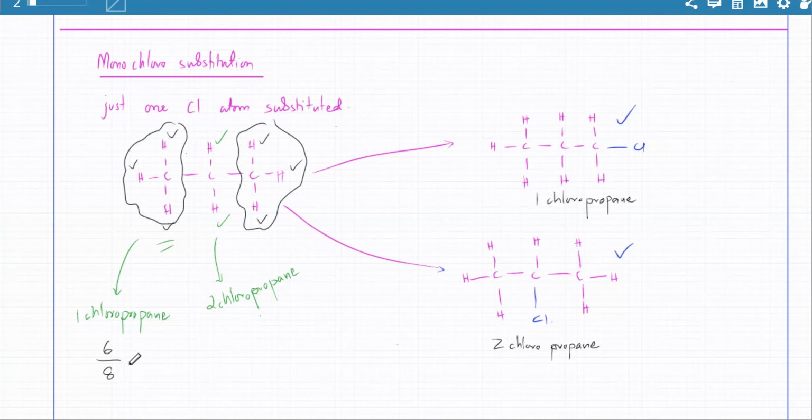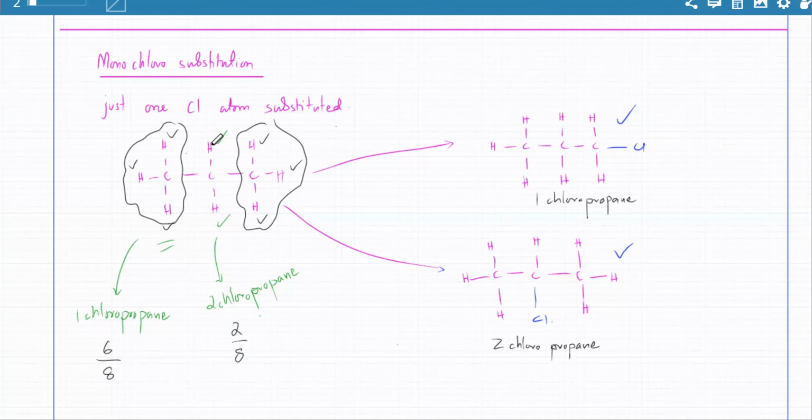So the probability is that out of the 8 hydrogens, 6 of them, if they get substituted, would lead to 1-chloropropane. And 2-chloropropane would be formed if, out of the 8 hydrogens, any of the H on the middle carbon atom, the middle 2, get substituted by Cl. So out of the 8 hydrogens, only 2 of them would form 2-chloropropane.